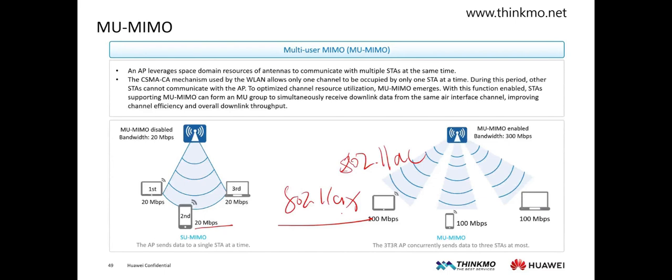This technology distinguishes data and sends it separately to different hardware facilities, enabling the ability to send signals to multiple terminals simultaneously. In Wi-Fi 6, both uplink and downlink MU-MIMO are supported. This makes the network more efficient, especially in high-density environments, significantly enhancing network performance when multiple devices are online simultaneously.